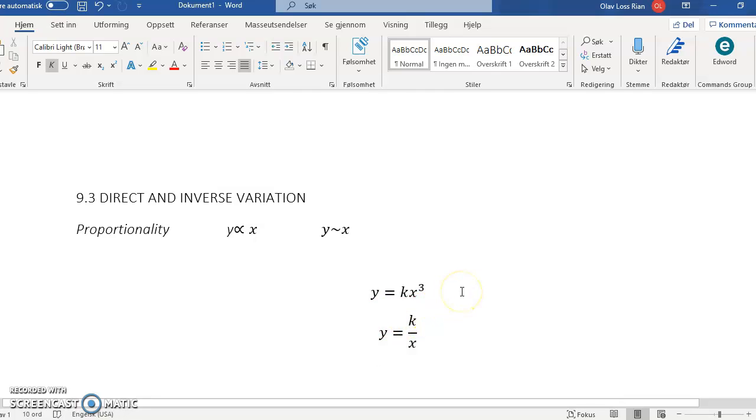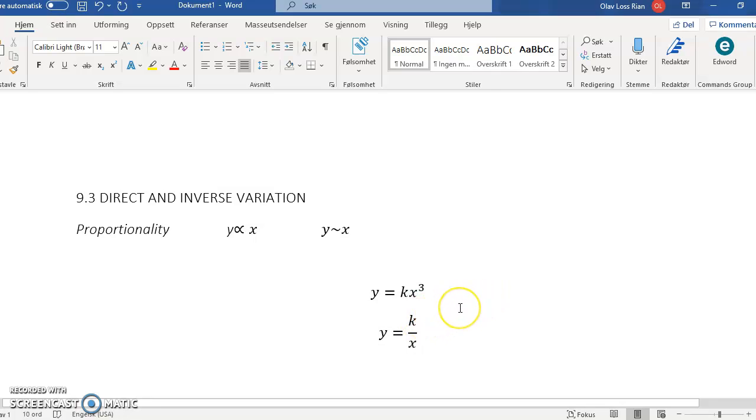So there's no plus or minus something else. Inverse variation looks something like this, right? So that rather than multiplying with k, we divide by the variable, so k divided by x.